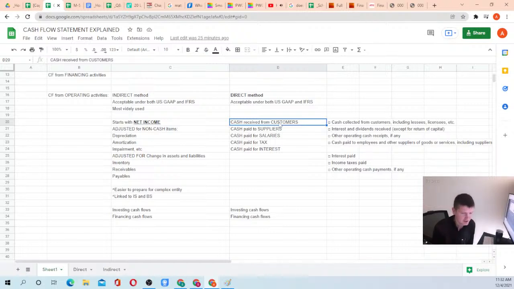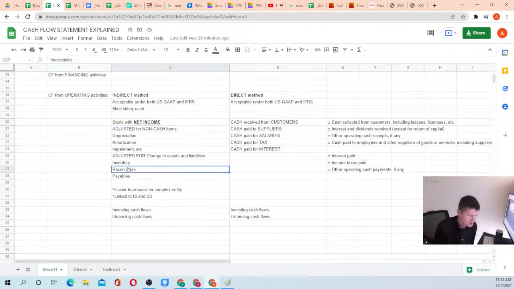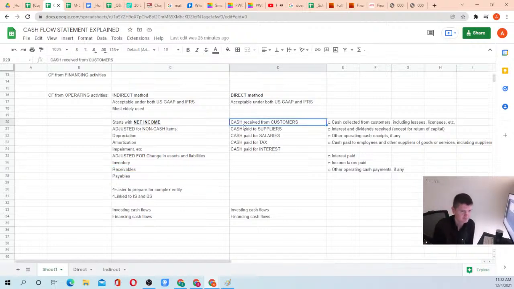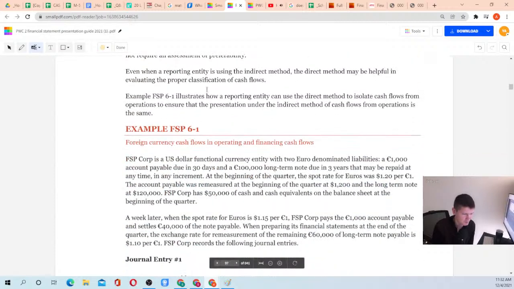It's pretty clear and straightforward. While in the indirect method we have net income and some adjustment for receivables, and those two numbers do not provide us as much information as cash received from customers. So that's why the standard likes the direct method more.